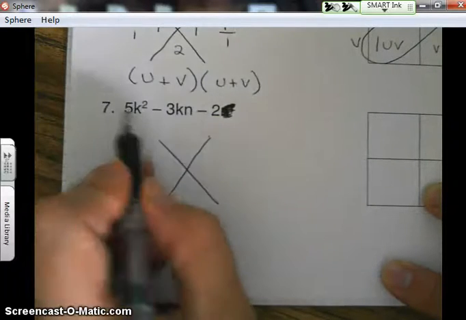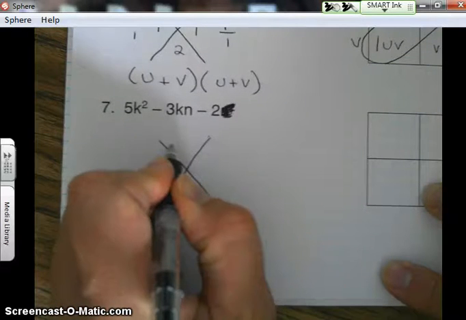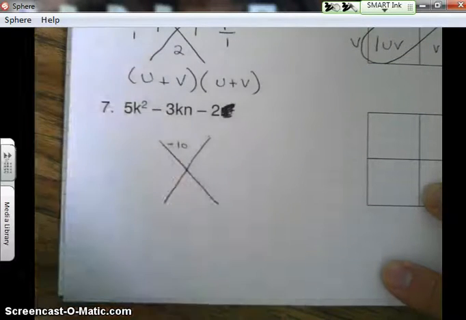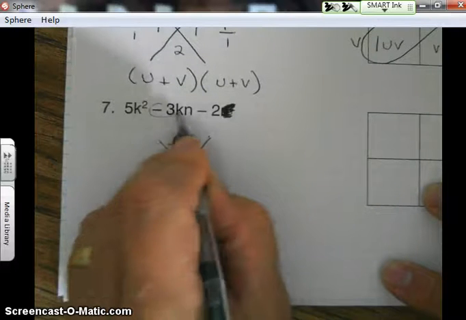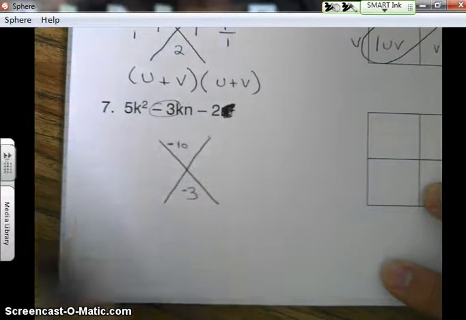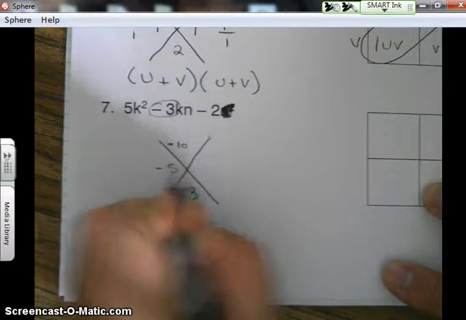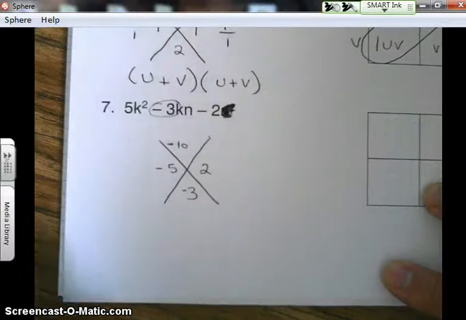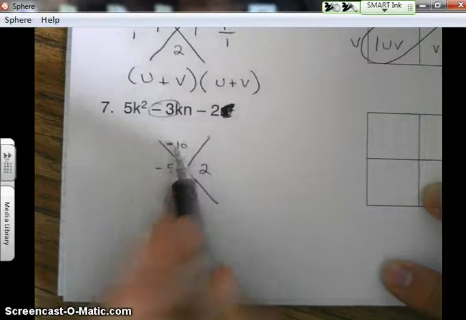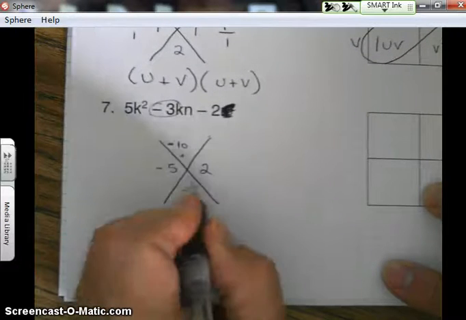So a times c, so 5 times negative 2, and then our b value goes on the bottom. So negative 10, so I'm going to go with negative 5 times 2. That multiplies to give us negative 10. That adds to give us negative 3.